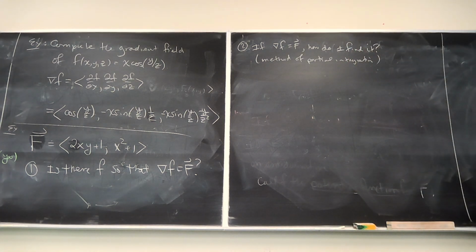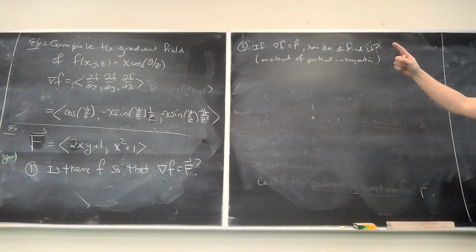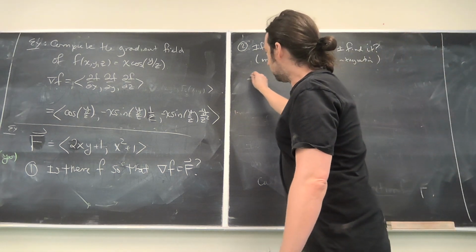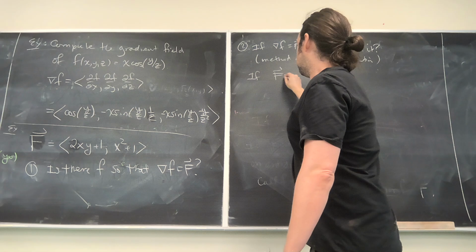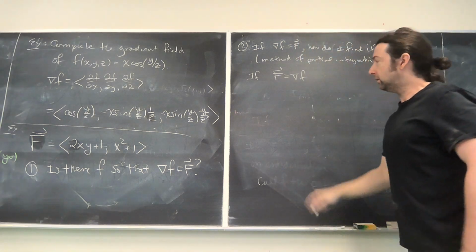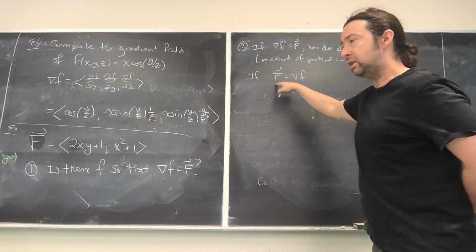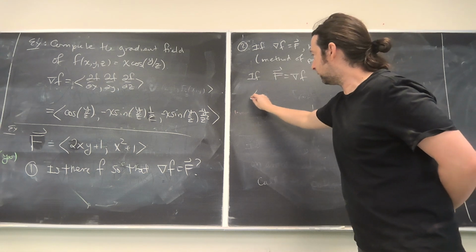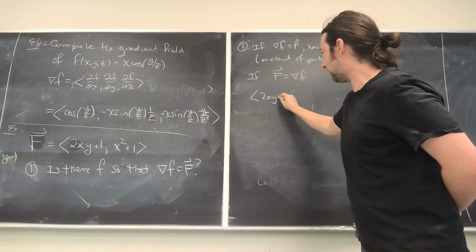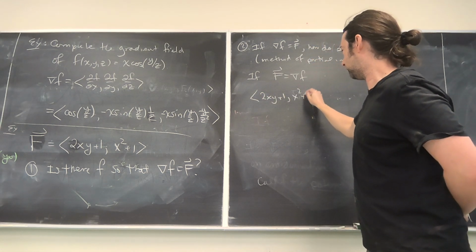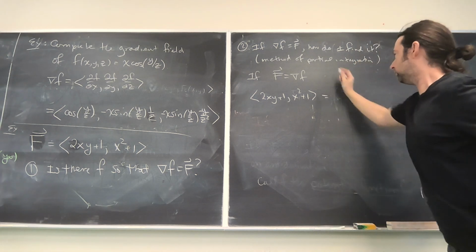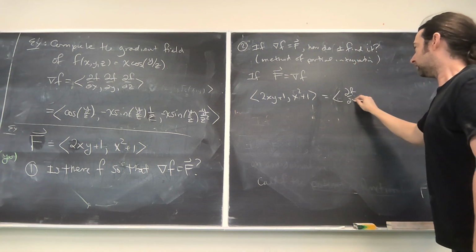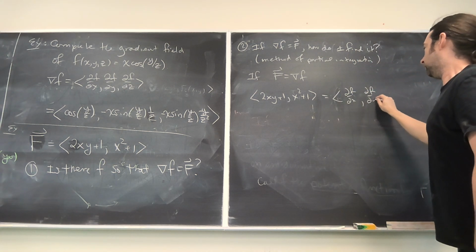So I'm going to walk you through this just as a way of showing the relationship between derivatives and integrals in the context of potential functions and their gradient fields. So if it was the case that F was equal to grad f, then that would mean that the currently given vector field F here, which is 2xy plus 1, comma, x squared plus 1, would have to be equal to df dx, df dy.